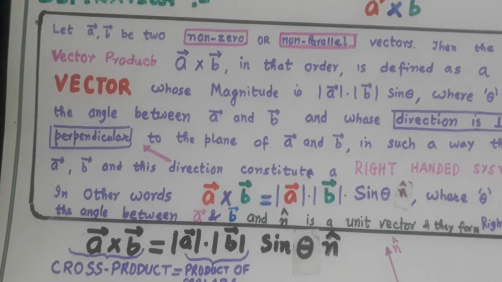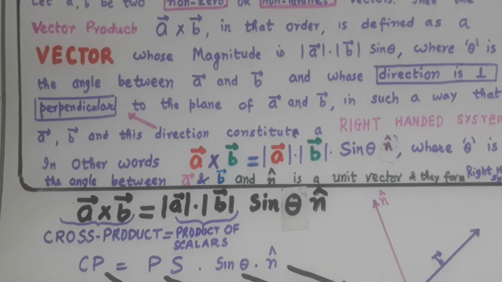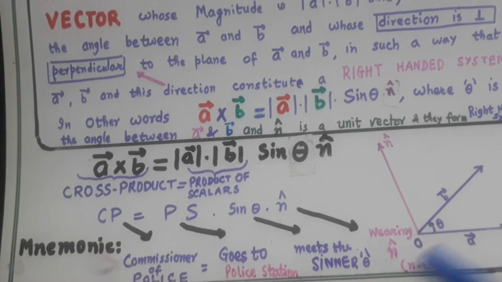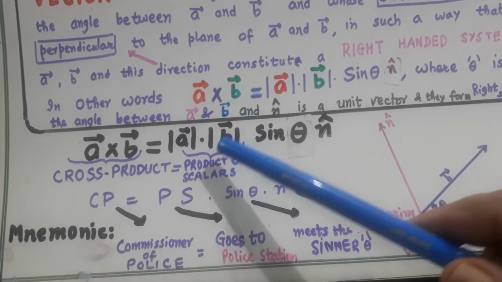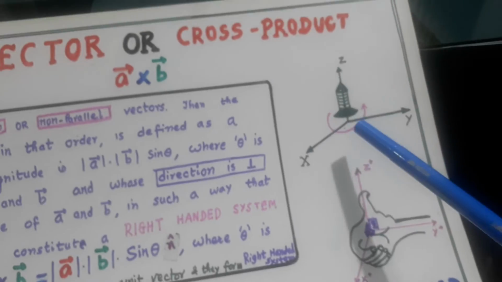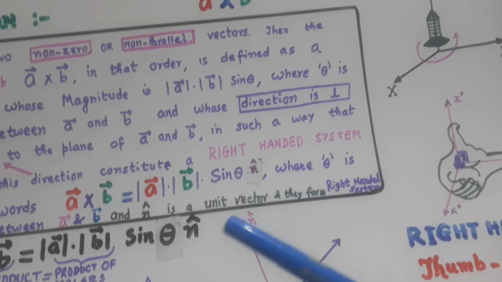So I told you in my previous video that SP is equal to PS cos theta. Here A cross B is equal to AB sin theta n cap, because it is always perpendicular. N stands for normal.